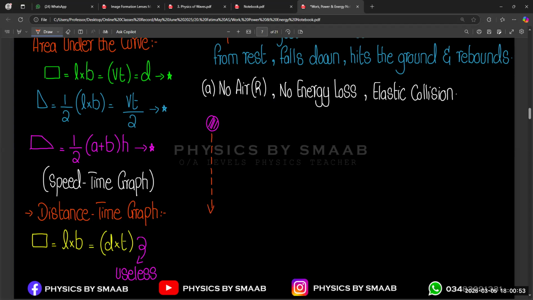It strikes the ground and moves back in the upward direction.